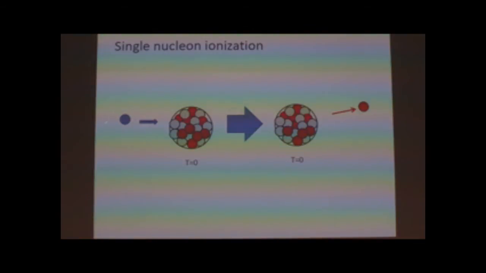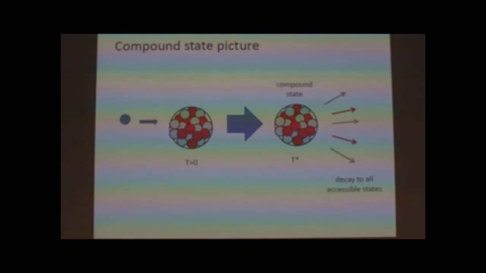So one possibility is you come in with a particle, maybe a gamma, maybe electron, maybe a proton, and this guy is going to interact with one of the nucleons and basically kick it out. That's sort of the simplest view, and that occurs at low energy as a dominant process in many nuclei.